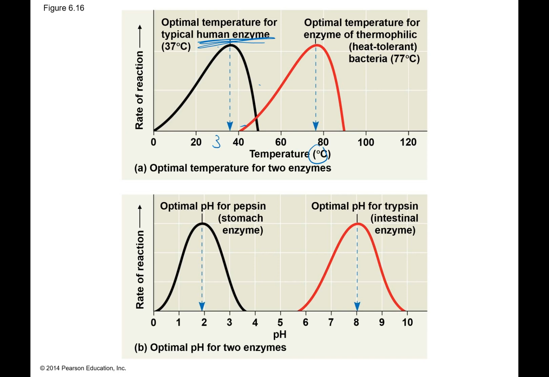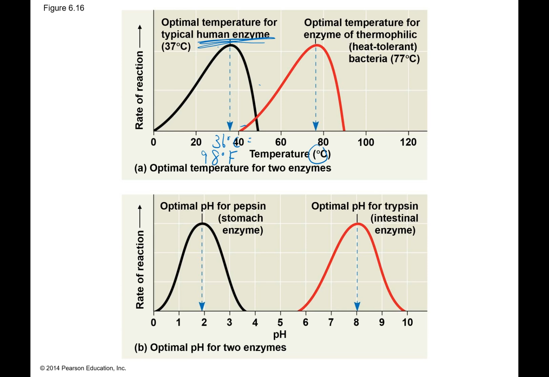About 36 degrees Celsius is about 98 degrees Fahrenheit for humans. So we know that that's our optimal body temperature. Enzymes in your body are going to be best acting at the body temperature of the organism they live in.